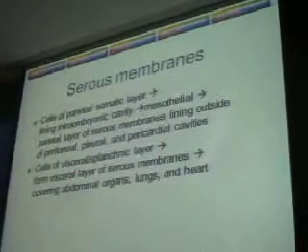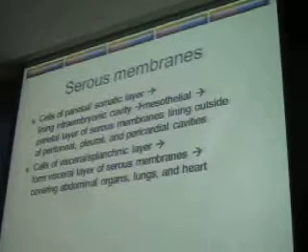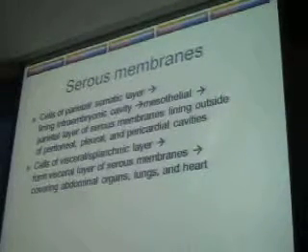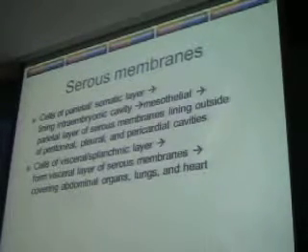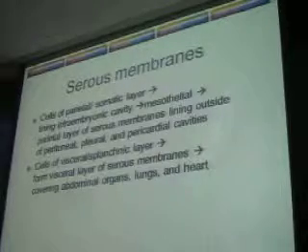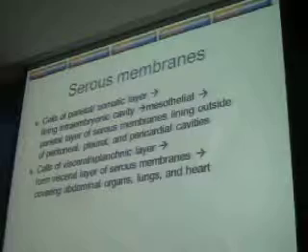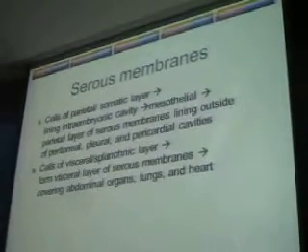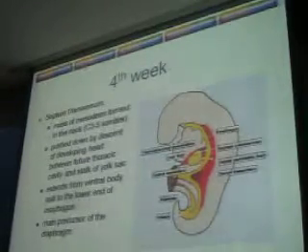So the cells of your parietal or somatic layer lining the intraembryonic cavity now become mesothelial, and then it becomes the parietal layer of the serous membranes lining the outside of your peritoneum, pleura, and pericardial cavities. While the cells of your visceral or splanchnic layer would form the visceral layer of your serous membranes, which cover your abdominal organs, lungs, and the heart. Okay?